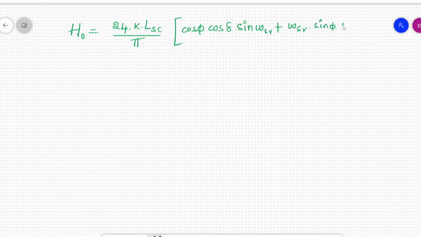This expression we derived in the previous class. The units for incident energy are kilowatt hour per meter square per day.